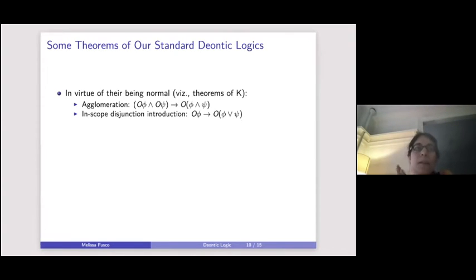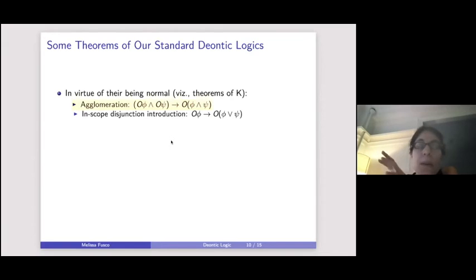Okay, so let's look at some theorems of our standard deontic logics. Again, we can class them in terms of why these different things are theorems given the way that the system is built. In virtue of the fact that these are normal modal logics, they have all the theorems of K. In particular, I'm using the terminology I've seen in the literature. This will validate a property we can call agglomeration: if ought phi and ought psi are true, then we have ought phi and psi.